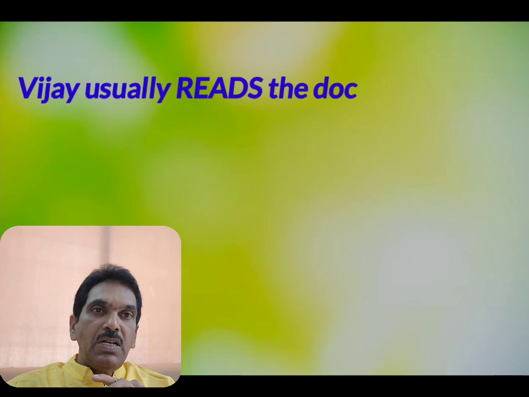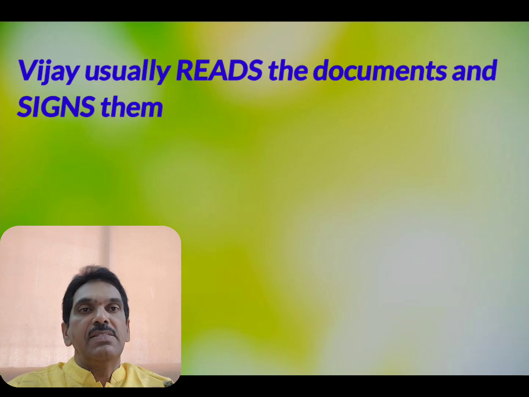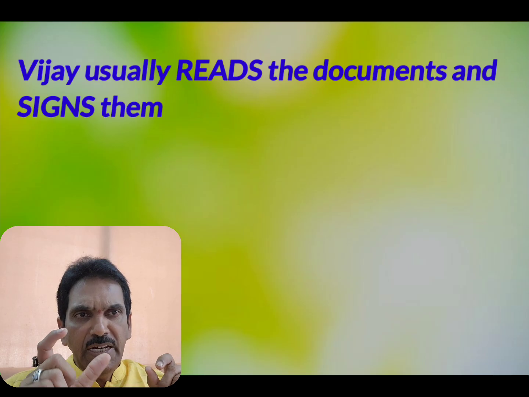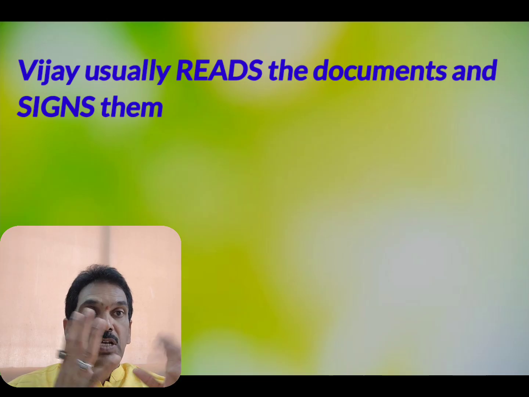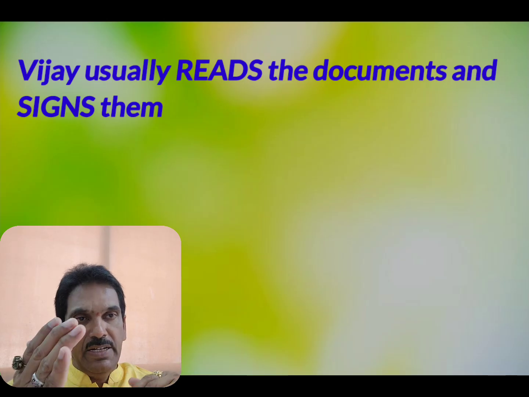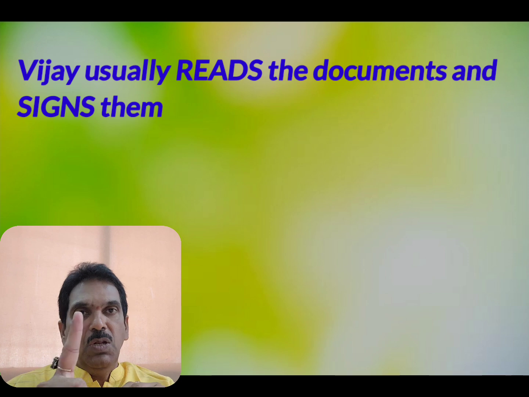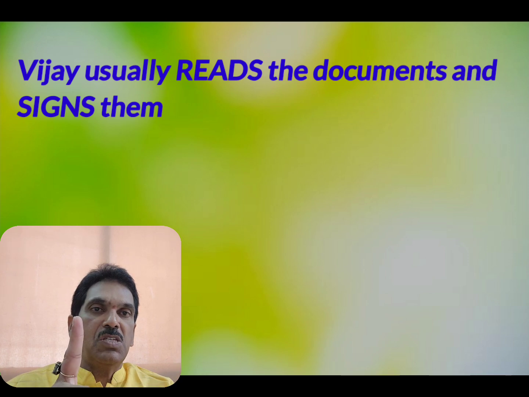Like for instance, I would say, Vijay usually reads the documents and signs them. So here, reads, signs. There's a confusion whether you would say read, sign, or reads, signs. Vijay is singular, one person. So obviously the verb should be in singular.